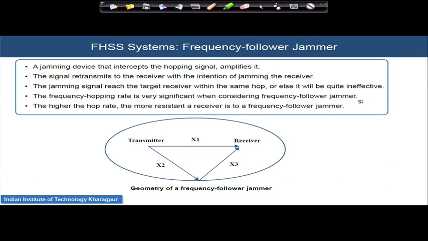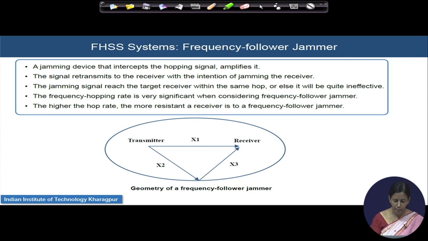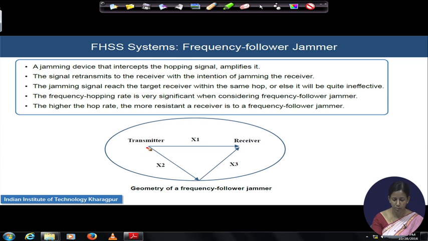In a frequency hopping spread spectrum system, in the context of jammers, there is a very important concept of the rate of hopping. How does it come into the picture? Suppose let us consider this situation where we have a transmitter transmitting, and here is my intended receiver who will be receiving.